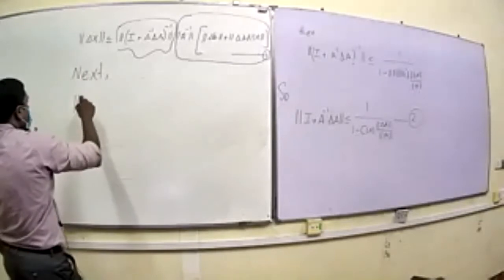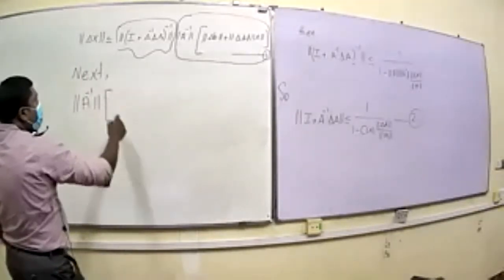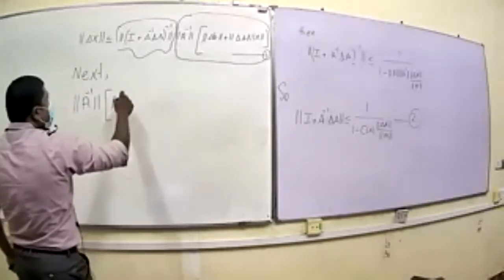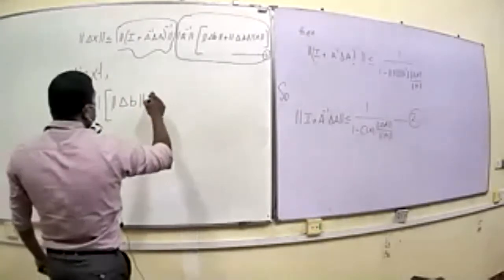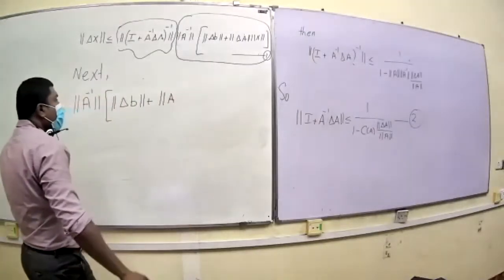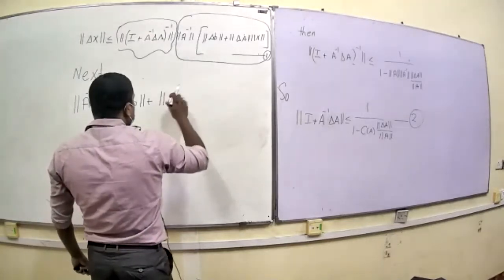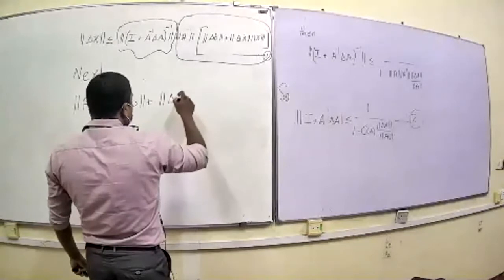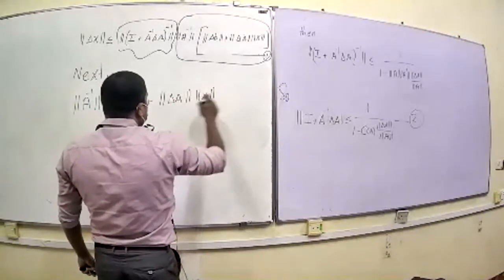Next, I will take this part. Right, so A inverse times delta A times x.